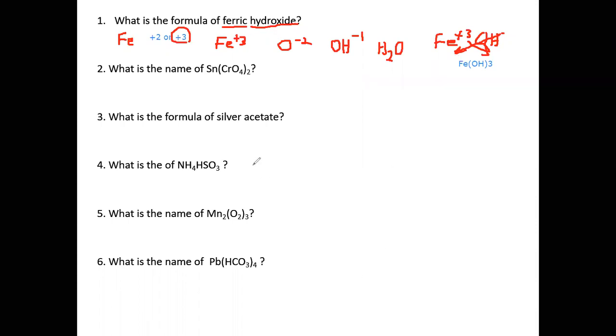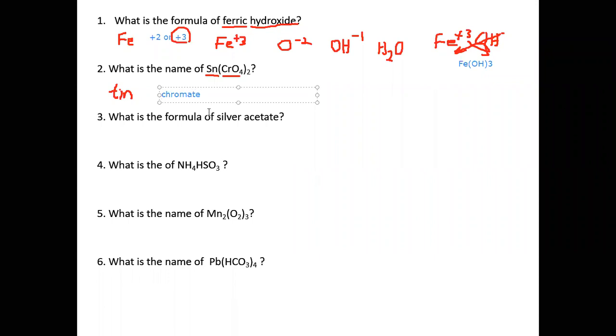Next, we want to give the name of SnCrO4 2. So Sn, the symbol for that is tin. And CrO4, well, we have 4 oxygen, but it's with chromium, so this is chromate.